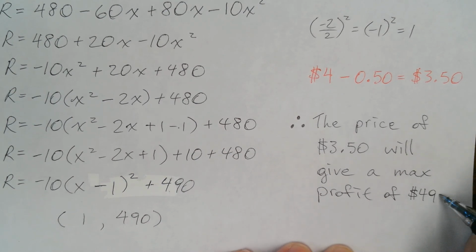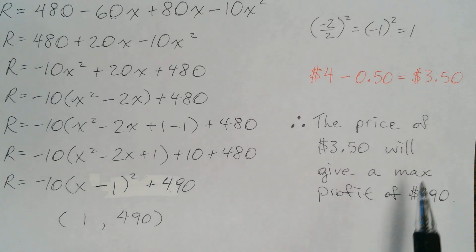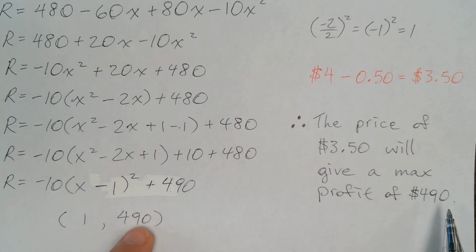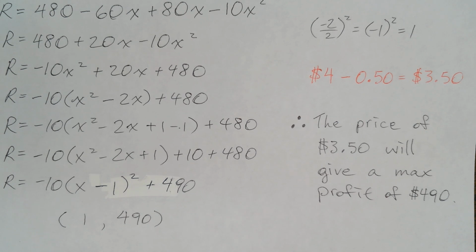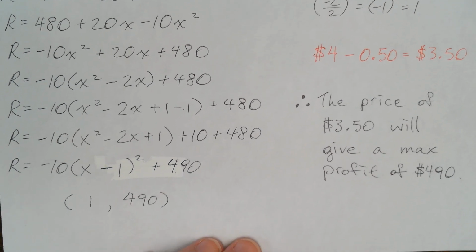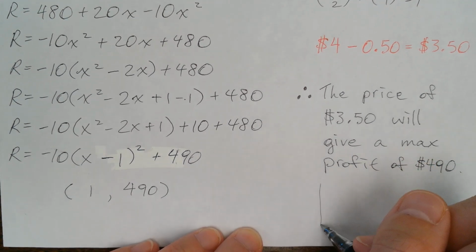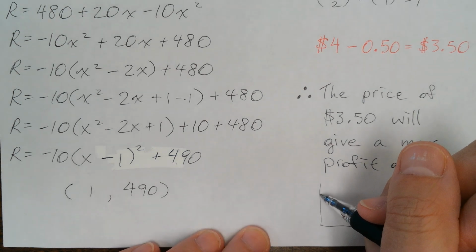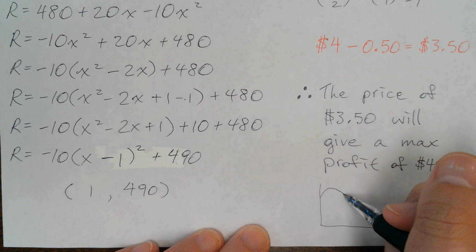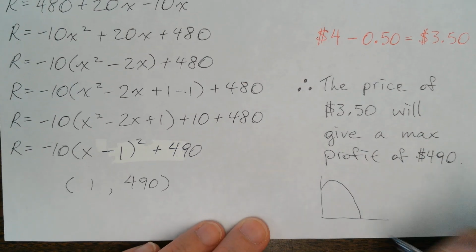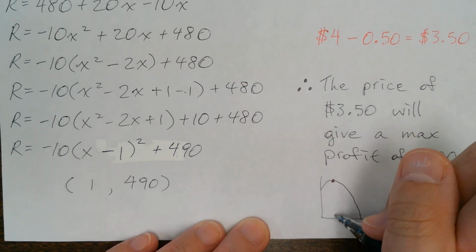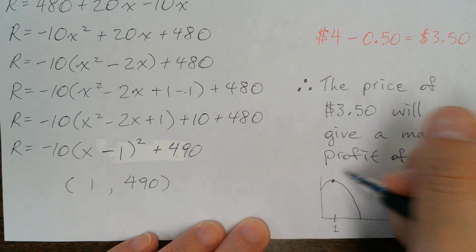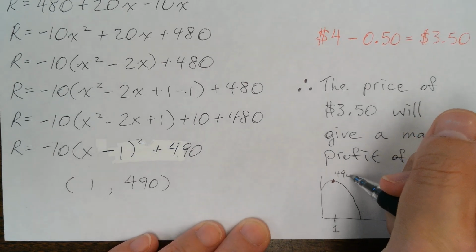$4.90. That's right. Okay, so if I were to do a quick little sketch of the graph, it'll look something like this, where this is 1 and this is $490.